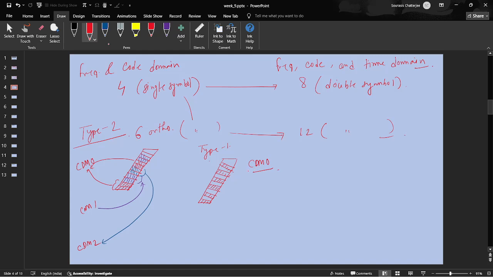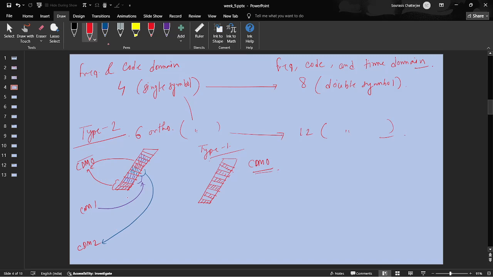So what is the difference between type 2 CDM0 here and type 1 CDM0 here? Can you point out graphically? By the way, when you mention type 2 CDM0, you can basically forget this purple and blue, because purple corresponds to CDM1 and blue corresponds to CDM2.